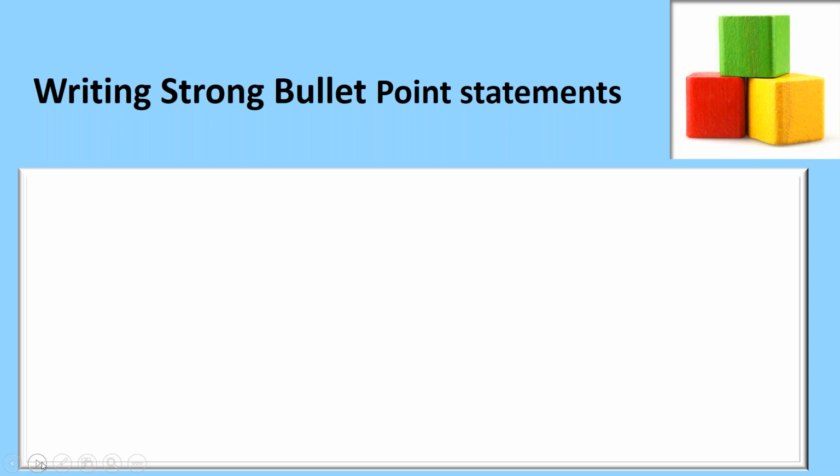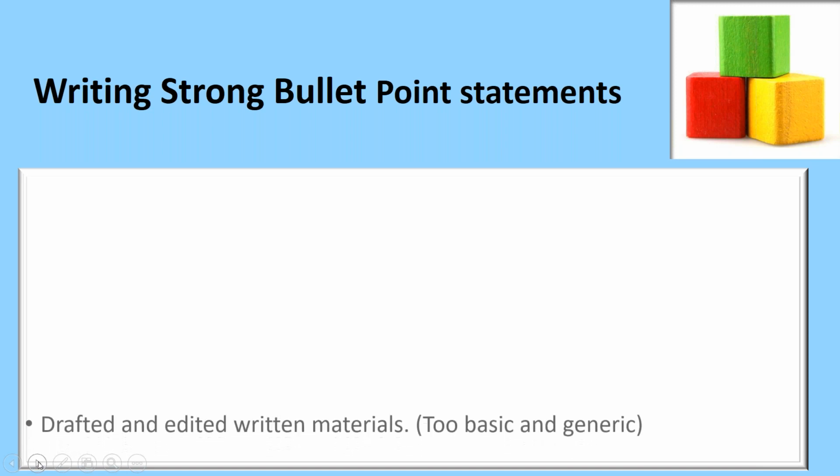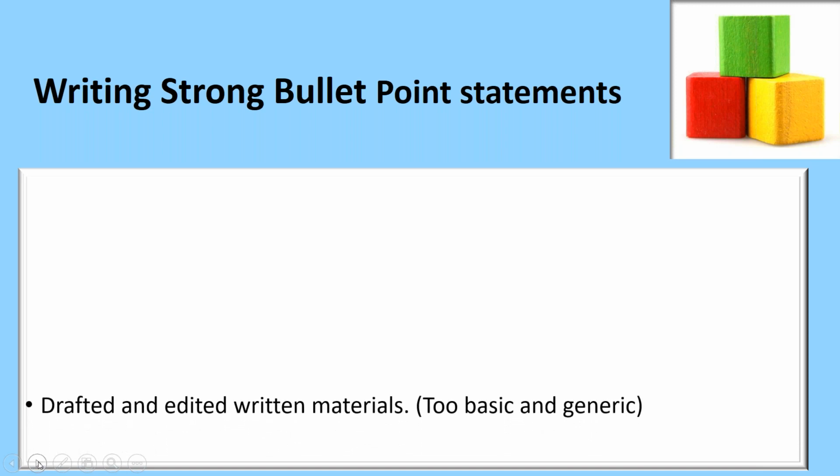And this example is really going to show the differences between a very basic bullet point statement and one that's quite good. So let's look at this first one. The first bullet point statement here says that the individual drafted and edited written materials. Now this is pretty basic and it's quite generic in that hundreds, thousands of individuals could write that they drafted and edited written materials.